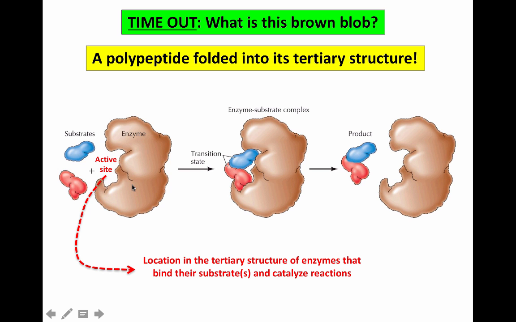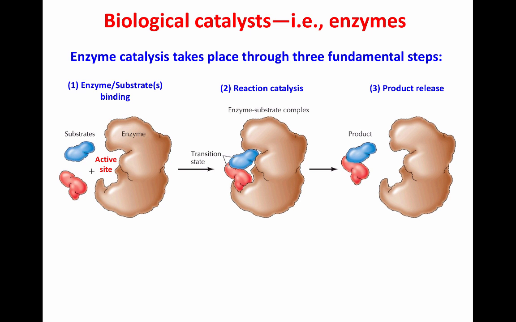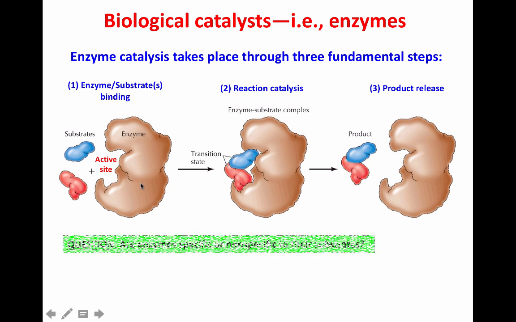And so instead of using a blob, we might use something like this, which would be a more accurate representation of a protein. But as we move through the course, a lot of times we are going to depict proteins like blobs, even though you want to try and keep track of what they really represent.